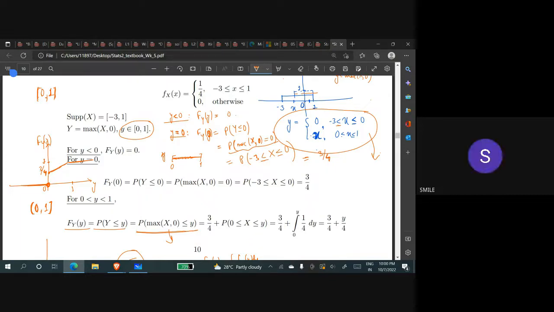Now, for continuous random variables, the probability of taking any particular value is zero, right?